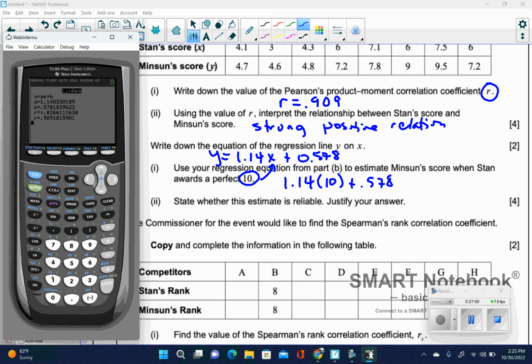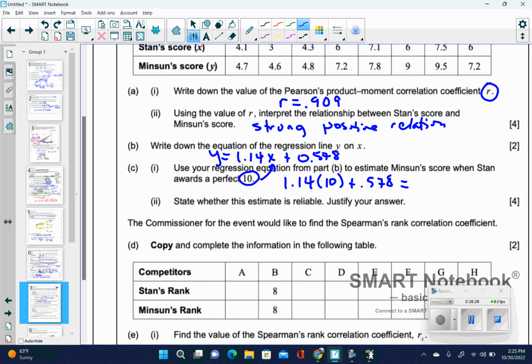Let's do that. 1.14 times 10 plus 0.578 is going to give us 11.978, which rounded to 3 significant figures, yeah, 11.98. Well, that's 4 significant figures, so that's going to be 12.0. So this answer is going to be 12.0.